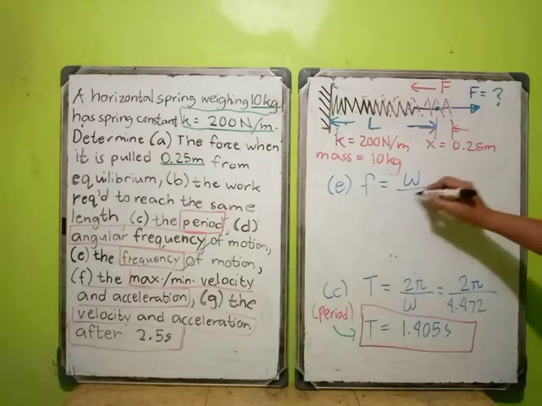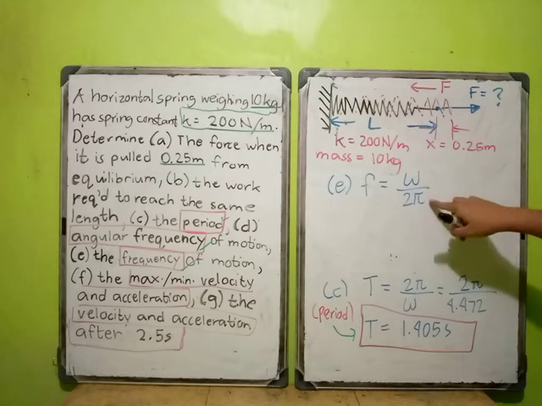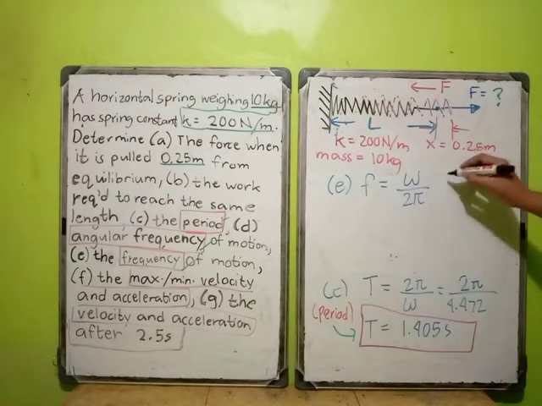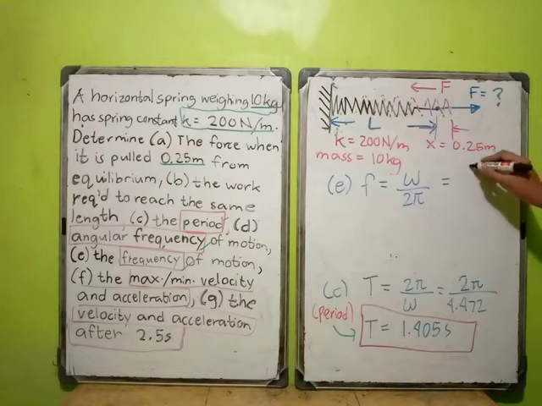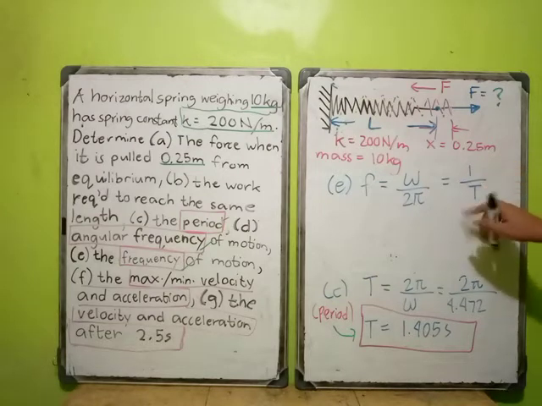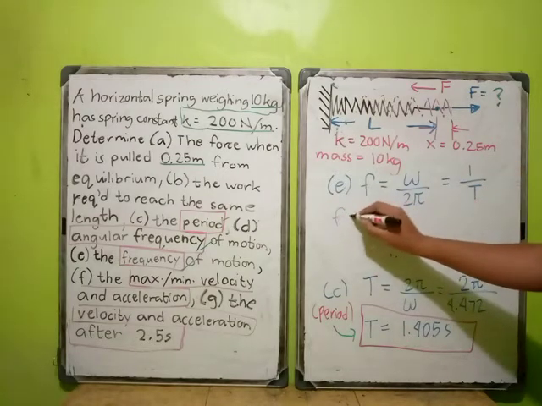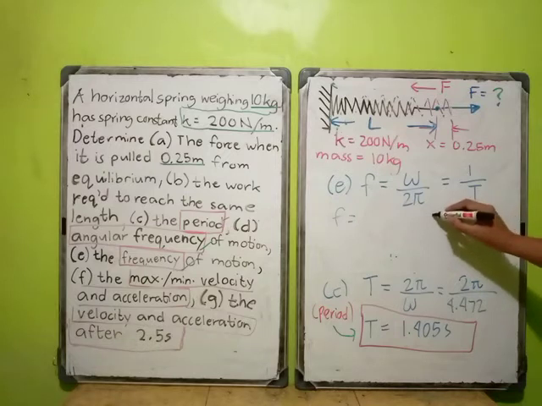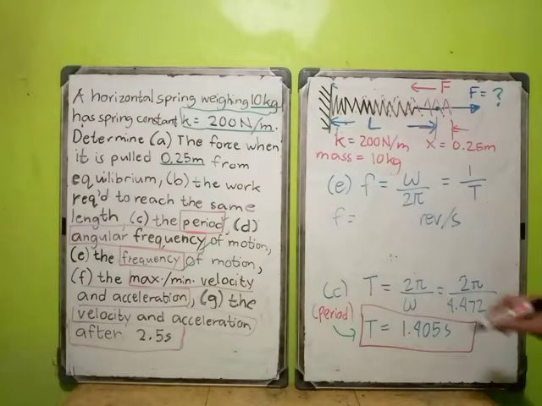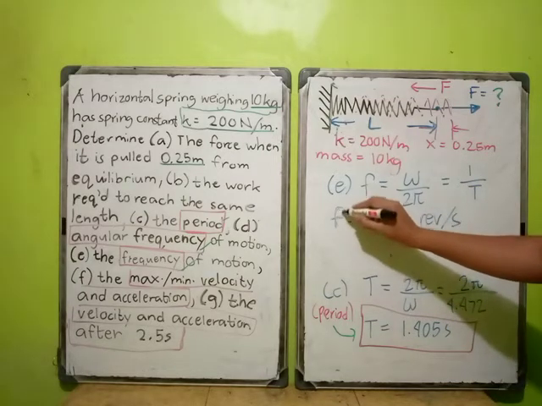W over 2 pi. Pwede mong gamitin si omega or W yung forma over 2 pi or 1 over T. So, it's just the inverse over T. So, but somehow, you can get it in revolution per second. So, this is the frequency.